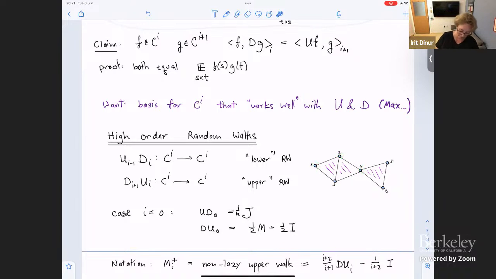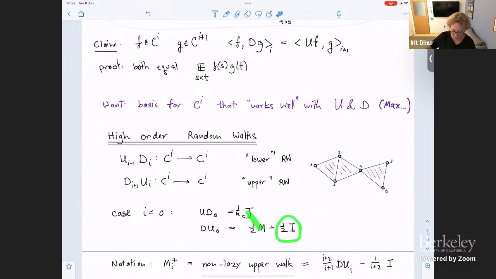So the up-down, the upper random walk, is not really the random walk we were hoping to get. It's a lazy version: with probability half, it stays in place, and with probability half, it goes where we wanted. So if M is really the random walk on the graph, then the up-down is a lazy version of M. When we defined what an expander is, we said an expander is a graph where the adjacency matrix of this graph is a good approximation of the complete graph, and we wanted to really compare these two.